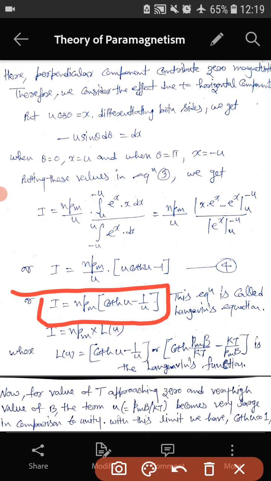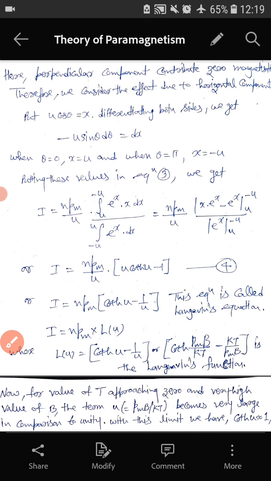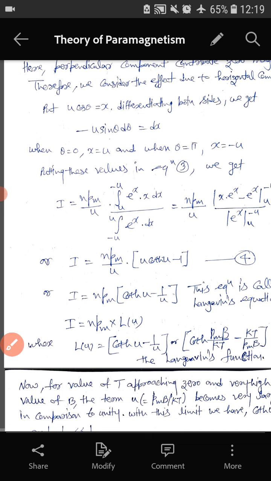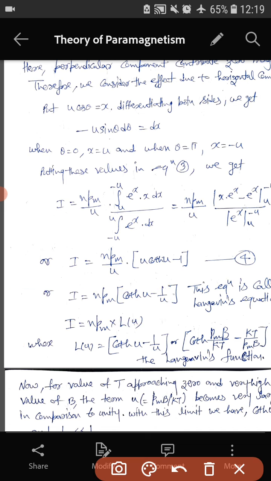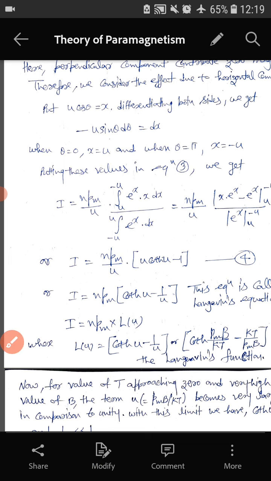Or this can be written as n Pm into L(u), where L(u) is coth u minus 1 by u, or coth of Pm B over kT minus kT by Pm B. This function is known as the Langevin function. Very important function.